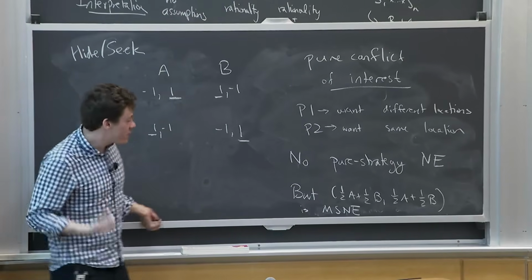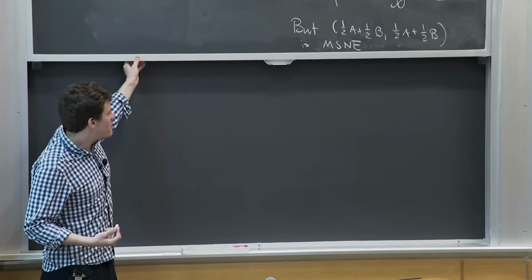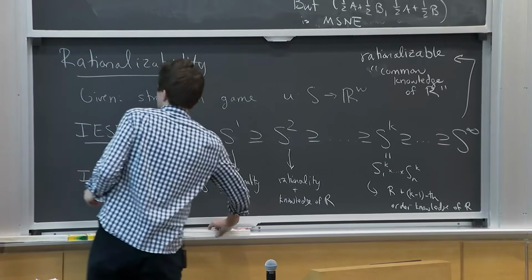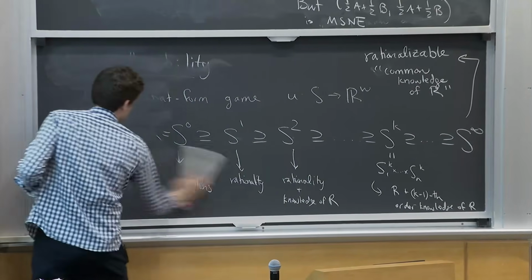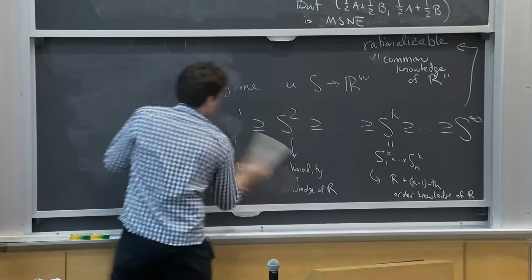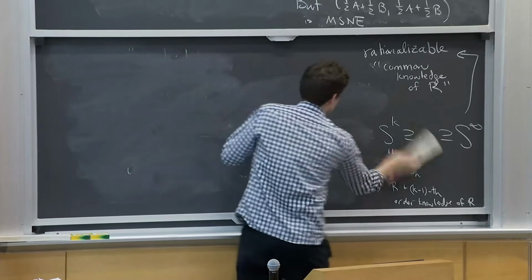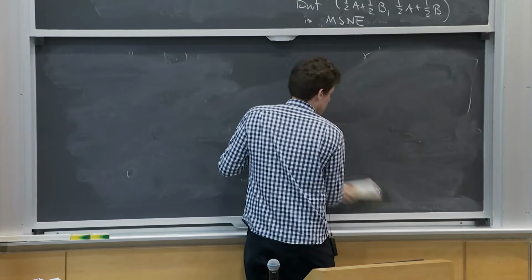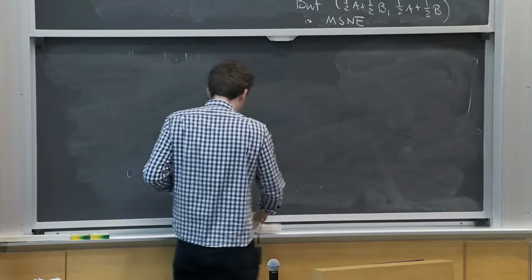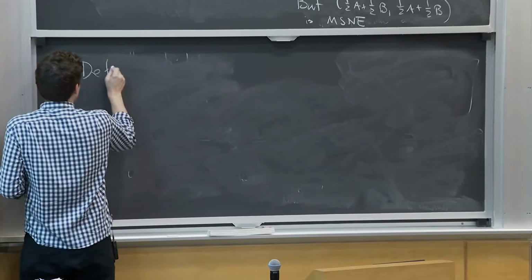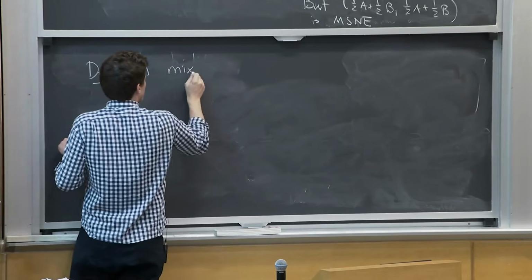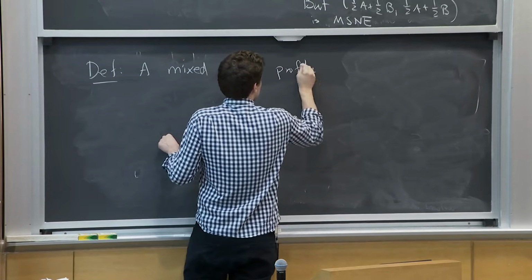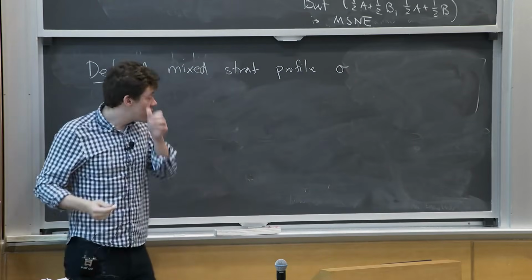But I haven't even defined what that is, so let's now define that. I think it's exactly what you'd think. So, definition: a mixed strategy profile, and now we'll use sigma instead of S to remind us that this is mixed.